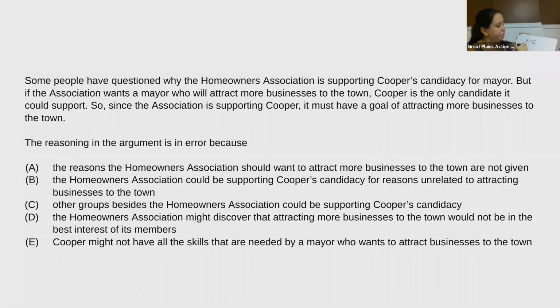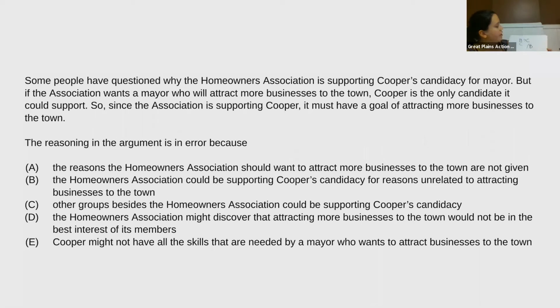All right. So since the association is supporting Cooper, it must have the goal, so we're concluding, must have the goal of attracting more businesses to town. All right.